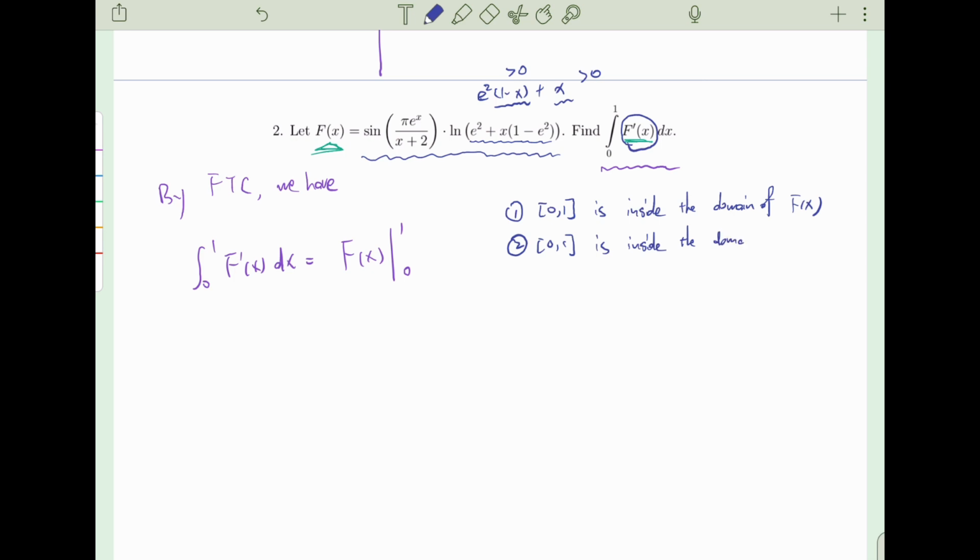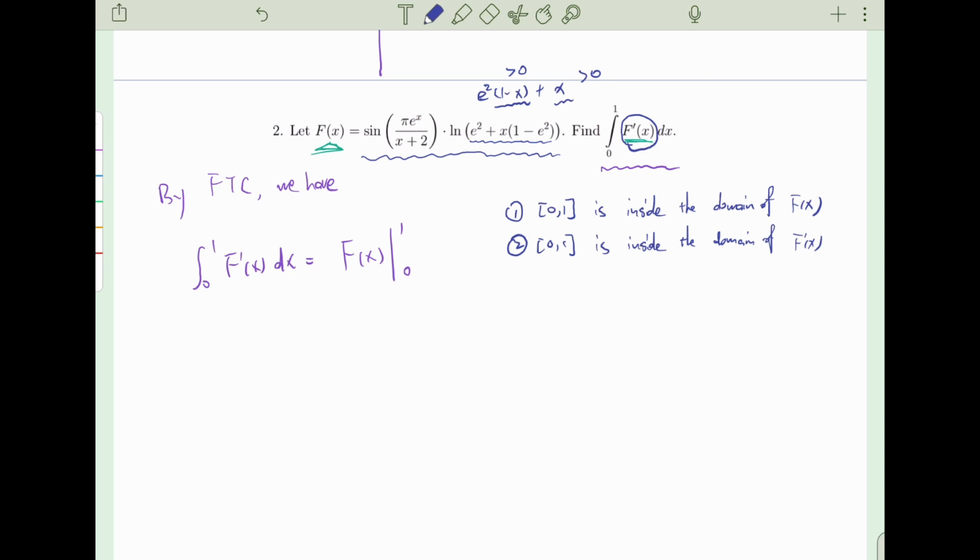to the derivative. Because the derivative can be obtained by using the product rule and the chain rule. And those functions you produce will be some kind of composition of these type of functions. So they will have the same domain as this function.